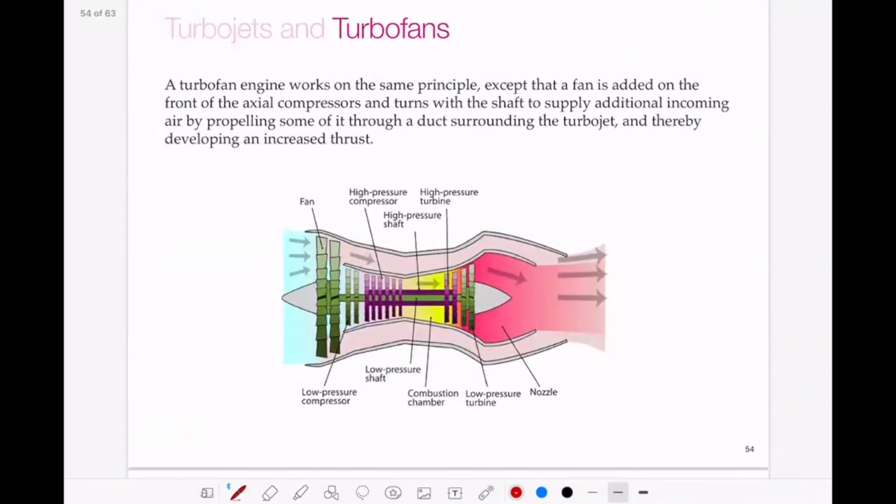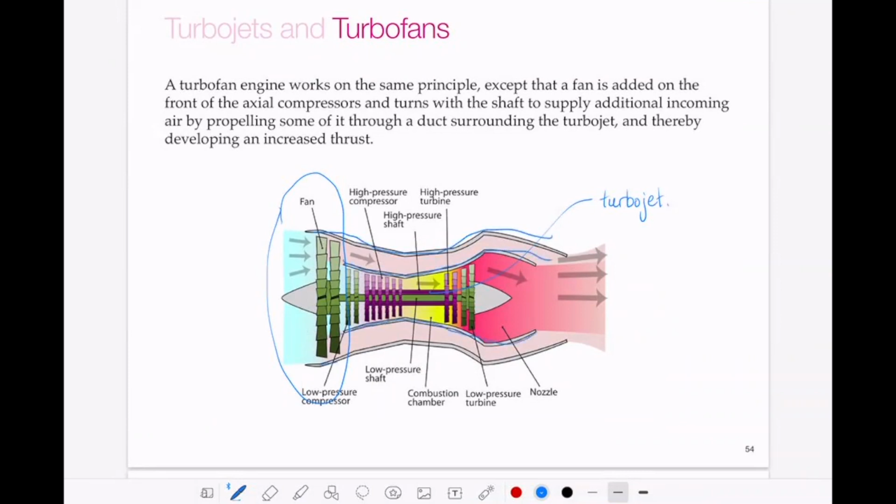Turbofans are a little bit different. They operate on the same principle, except there's this added component at the front. So the difference here now is we have a turbojet, this region in the middle. So this is all the same, except now we have a big fan at the front, and we have this second pathway for air to flow.